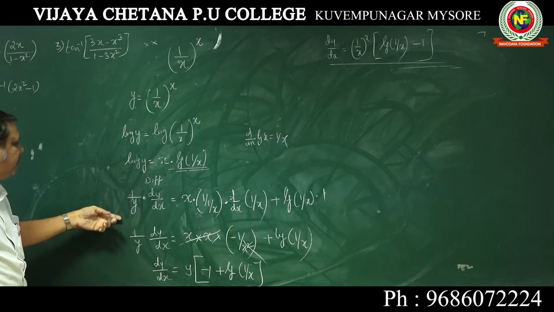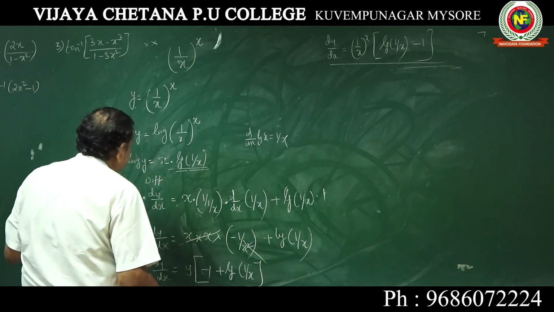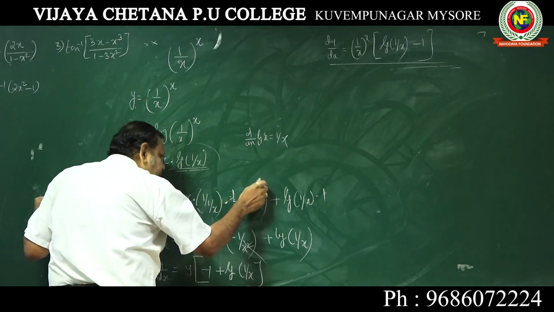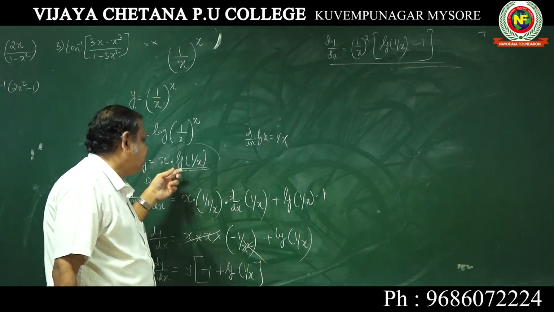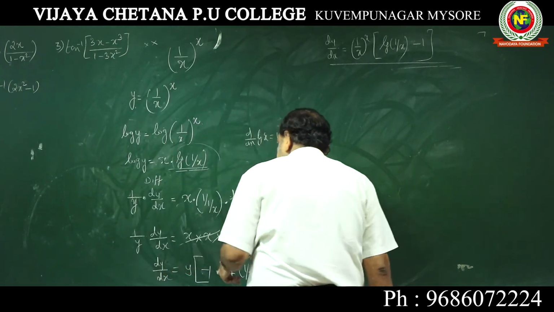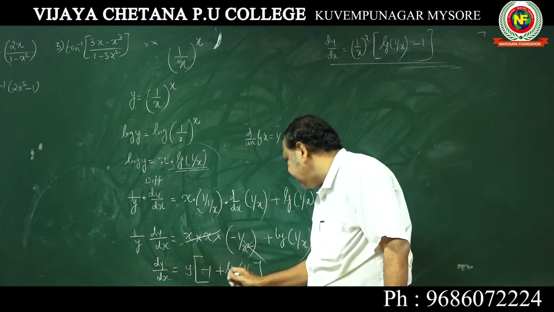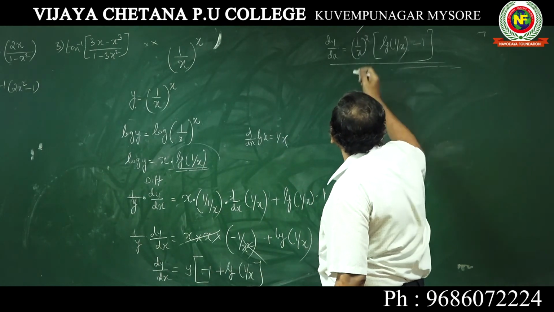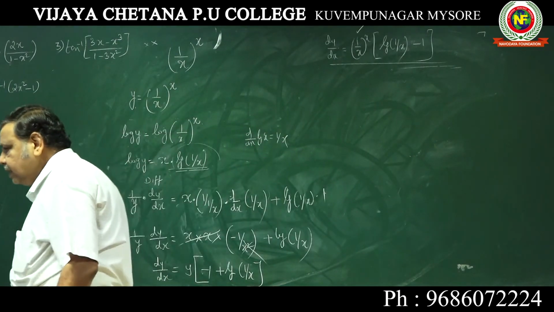Differentiate: 1 by y into dy by dx is equal to, product rule you have to use, x into d by dx of log 1 by x, and the chain rule also comes there, plus log 1 by x into 1. Now x into x square, 1 by x is minus 1 by x square. This will cancel, y with minus 1 plus log 1 by x, and substituting y, 1 by x to the power of x into (log 1 by x plus 1).